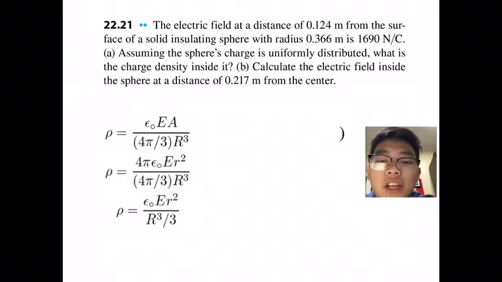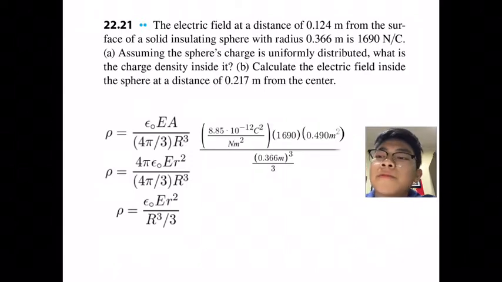And our final equation, after removing the common factors in the numerator and denominator, is equal to E naught multiplied by E r squared over r cubed over 3, with r in the numerator representing the distance between the center of the sphere and the edge of the electric field, and the r in the denominator representing the radius of the sphere. Afterwards, all we need to do is substitute.